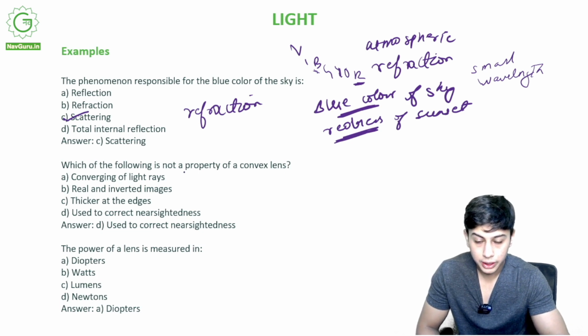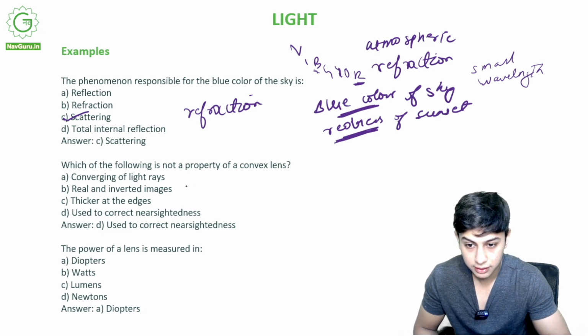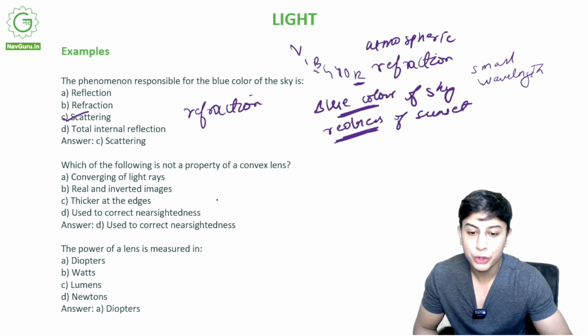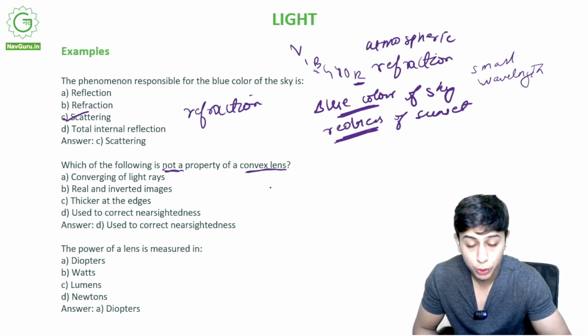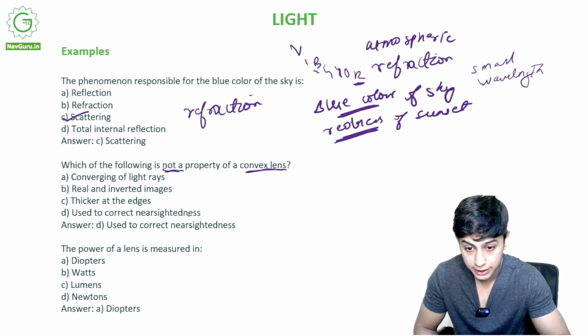Alright, which of the following is not a property of a convex lens? Converging of light rays, real and inverted images, thicker at the edges, used to correct nearsightedness. Used to correct nearsightedness is not a property of convex lens. We do not use convex lens for nearsightedness.